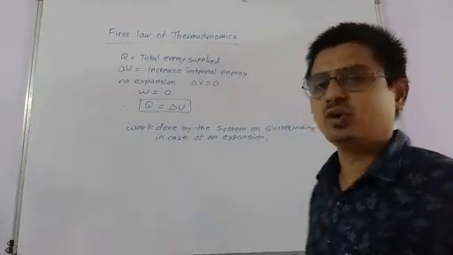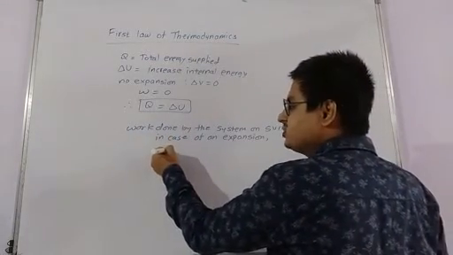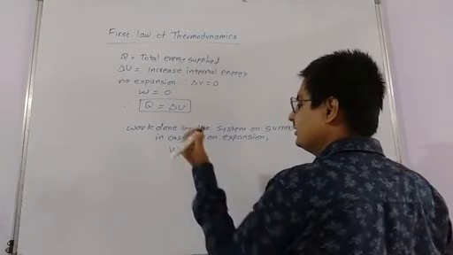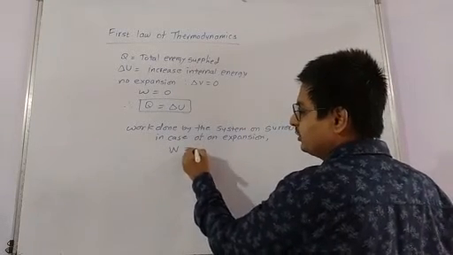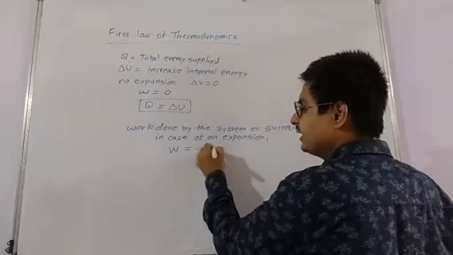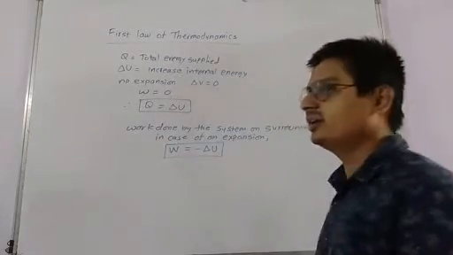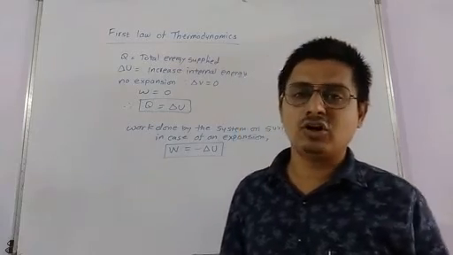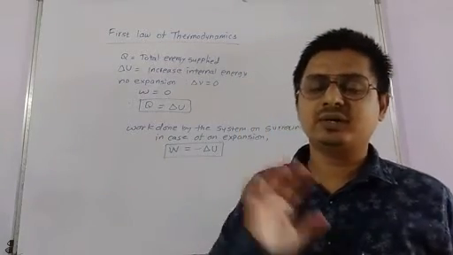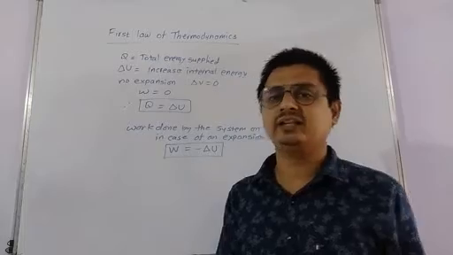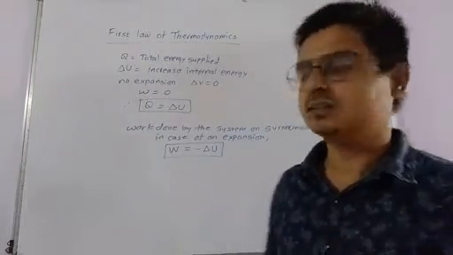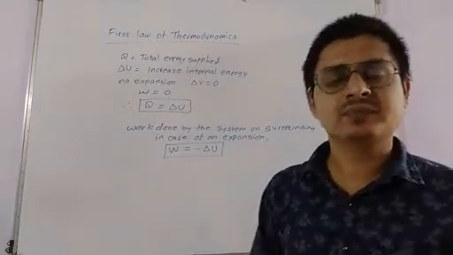So in that case what happens? The change in the internal energy is, W is equal to minus delta U. Okay, so whatever the energy that is lost to the surrounding, because of which the internal energy of the system decreases, so W equal to delta U.